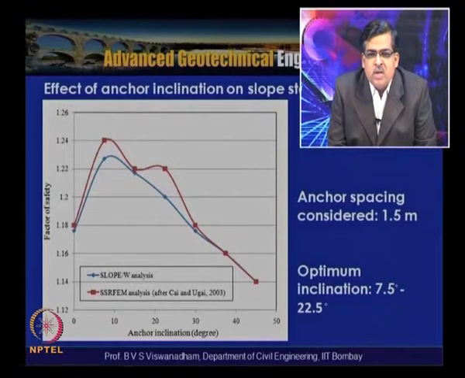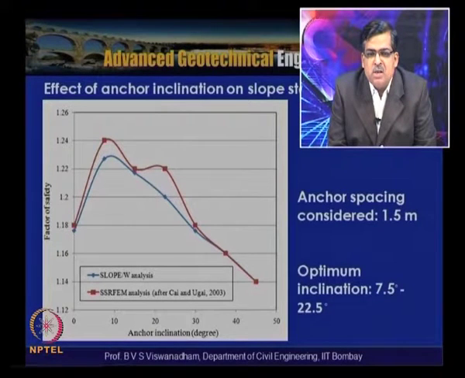Here it yields, both from Kai and Ugai 2003 and the present analysis using the SLOPE/W program, that about 9 to 10 degrees is the optimum inclination of the anchor, where there is an increase in the factor of safety.